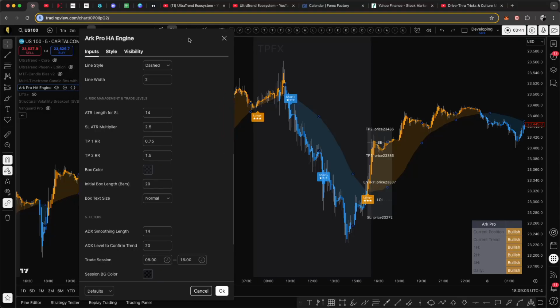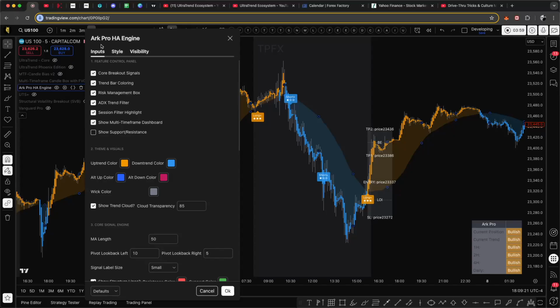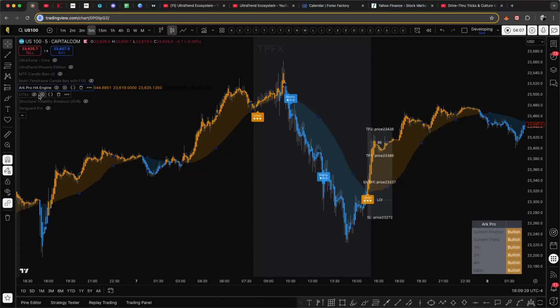The most important thing is understanding what you are trading. What pair are you trading? Are you trading indices, Forex, stocks, cryptos? Because every market has a different volatility. In this particular indicator, I did not include the box or the table, like I think it was for the structural one.